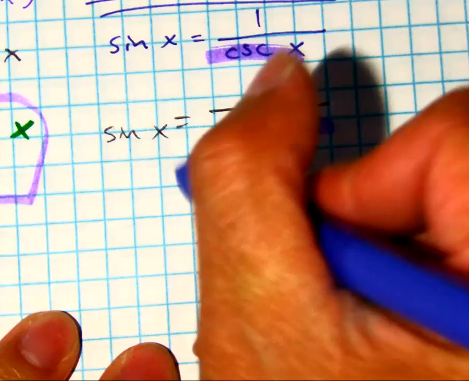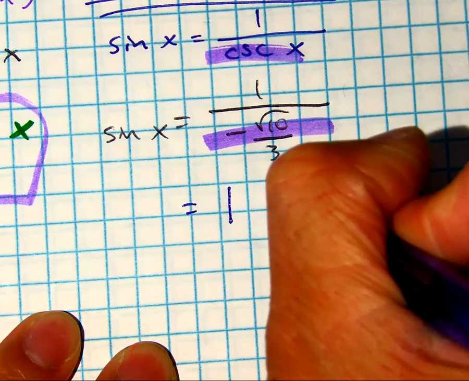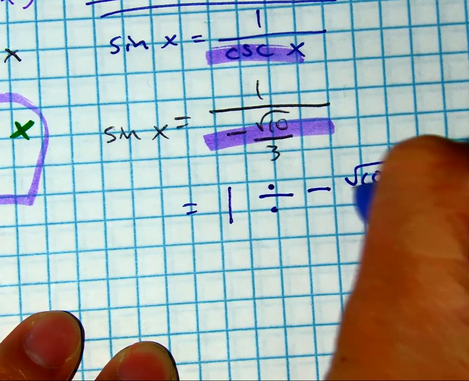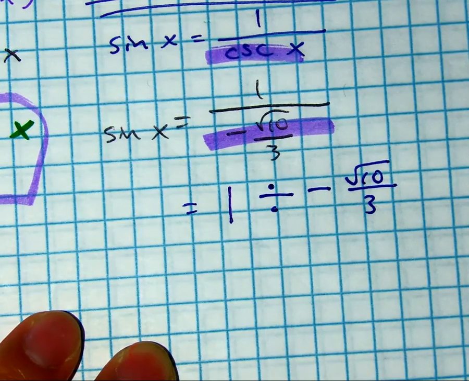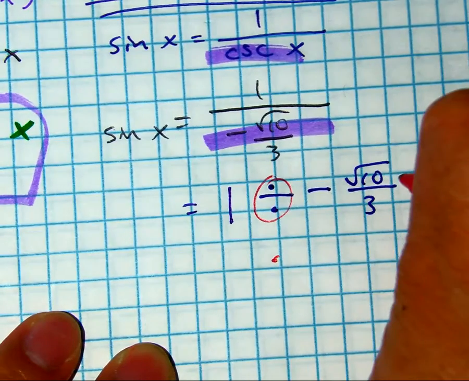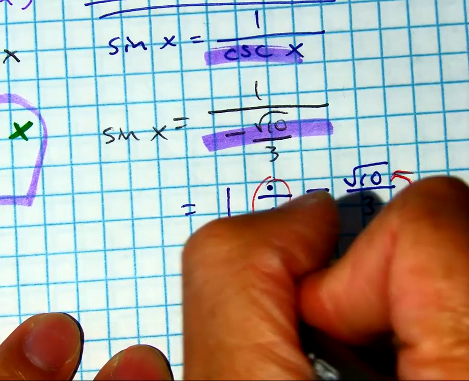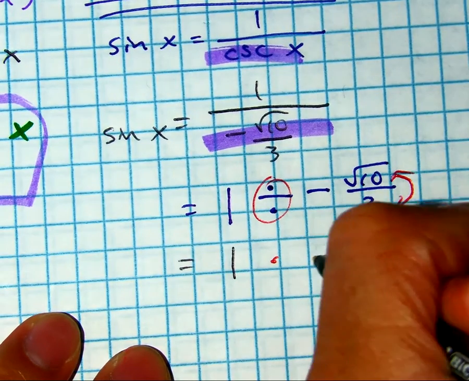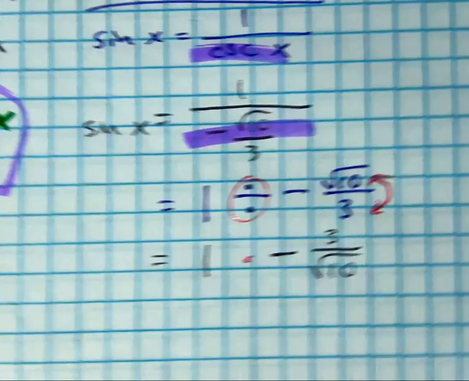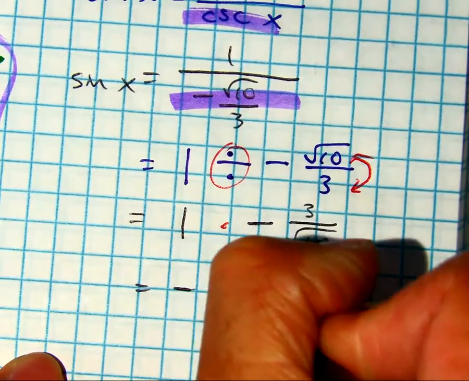I'm going to write my fraction sideways. 1 divided by negative radical 10 over 3. What happens here, class? And here? 1 times negative 3 over radical 10. 1 times anything is itself.